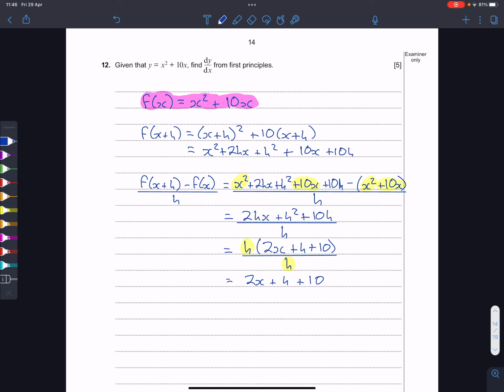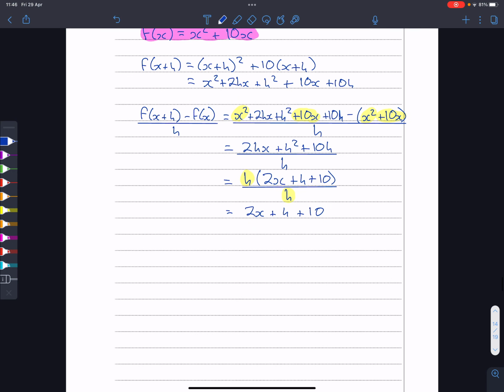And there's nothing more we can do to simplify this, so we're actually ready to look at our dy by dx. So the gradient of the curve that I'm looking for is the limit as h goes to 0 of this 2x plus h plus 10.